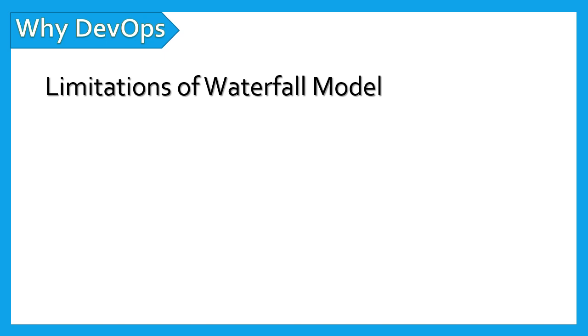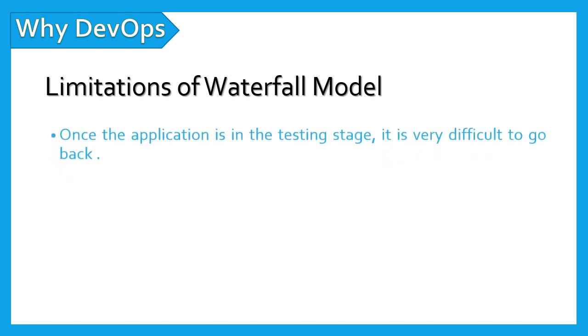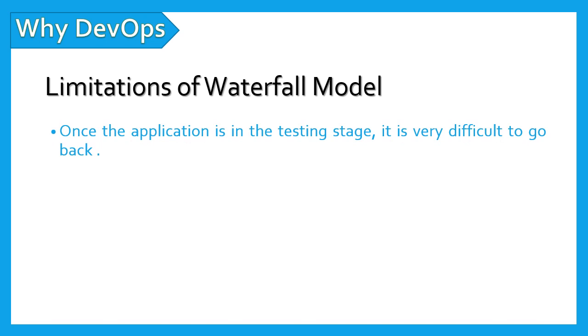Let me give you a few disadvantages of this model. So here are a few disadvantages. The first one is, once the application is in the testing stage, it's very difficult to go back and change something that was not well thought out in the concept stage.